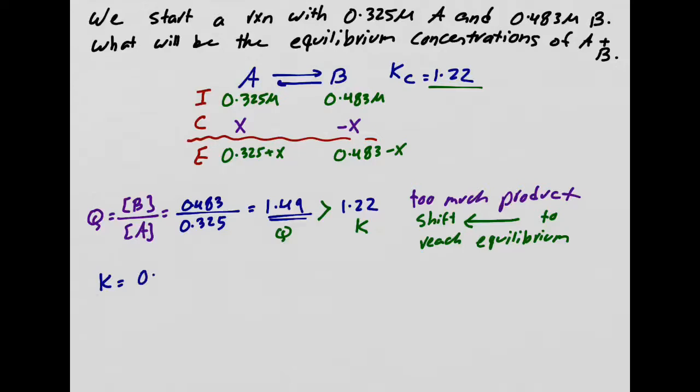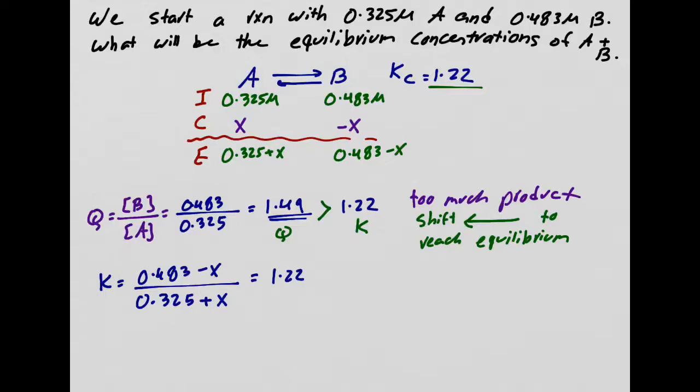My product would be 0.483 minus x at equilibrium. My reactant would be 0.325 plus x at equilibrium, right? Equal. And then my Kc is 1.22. Okay, not too bad, right? Not too bad at all. We completely got this.